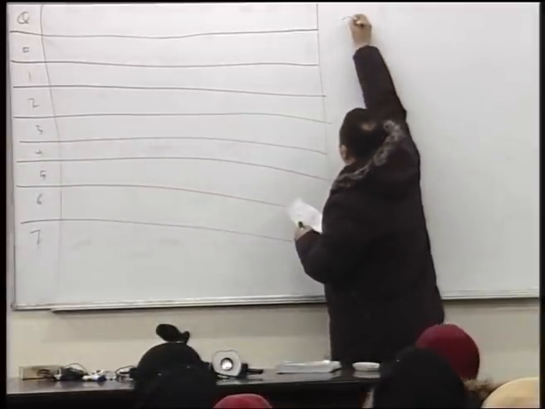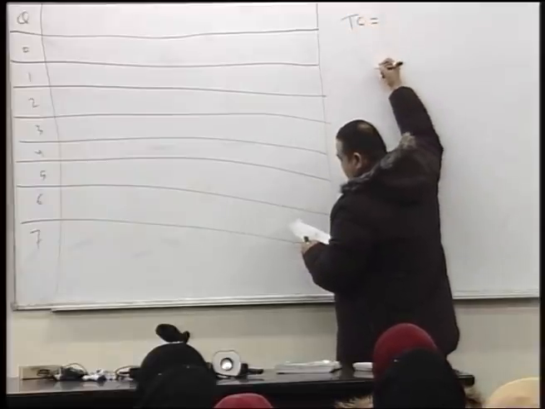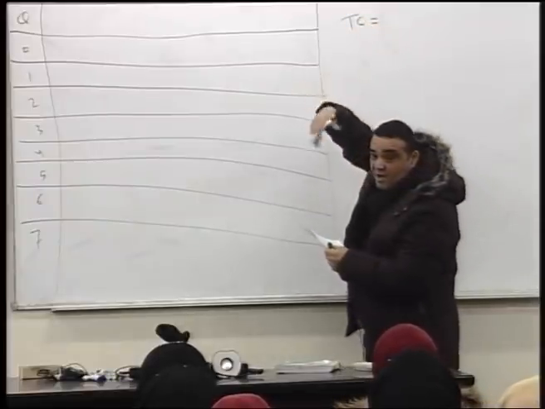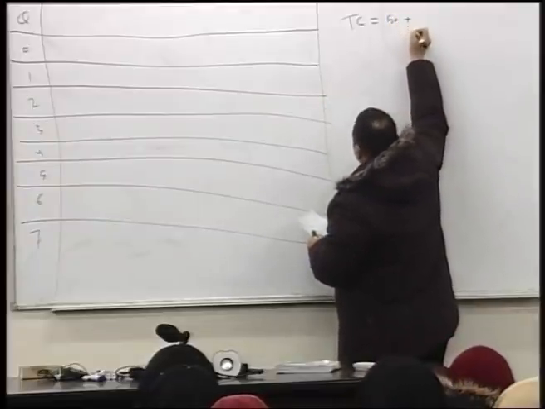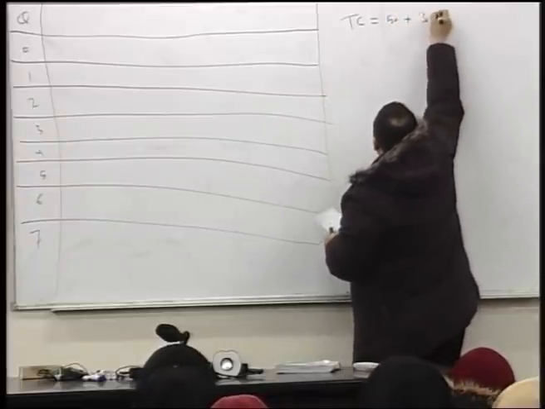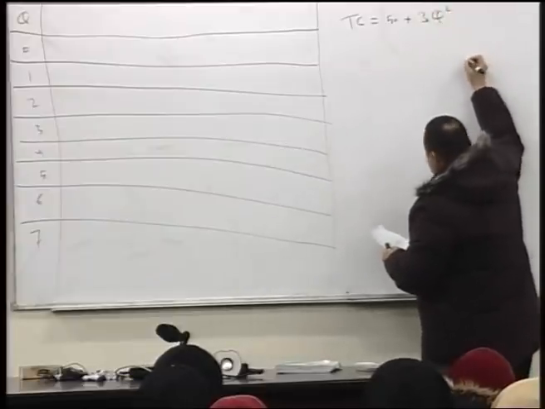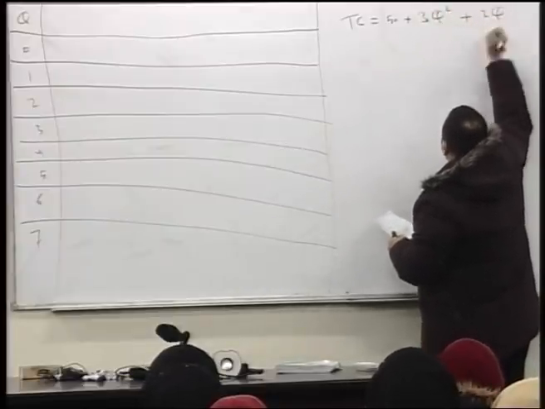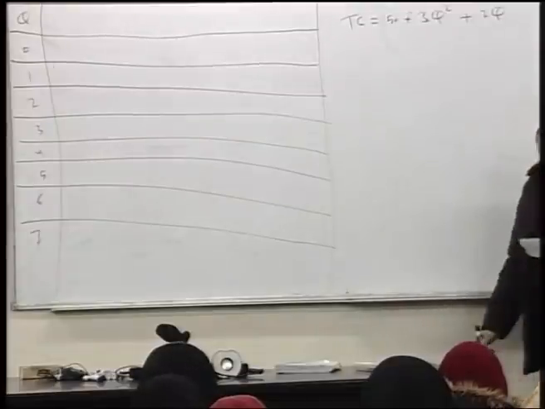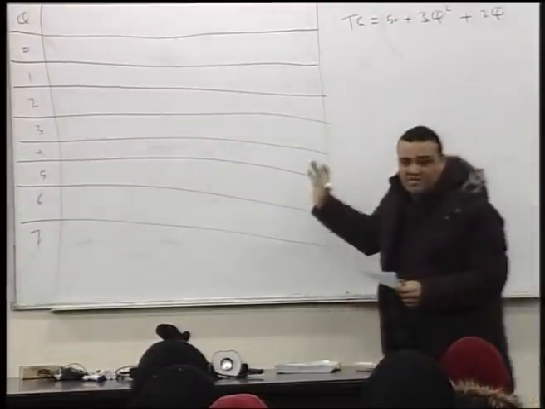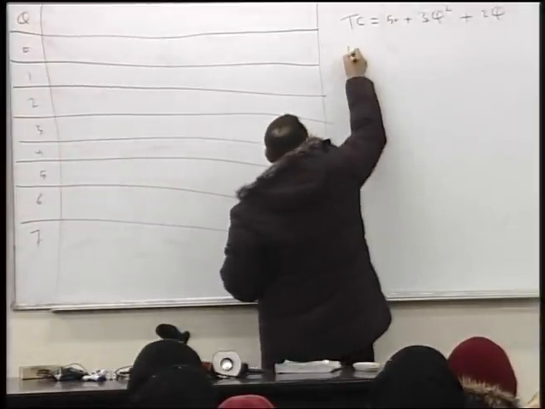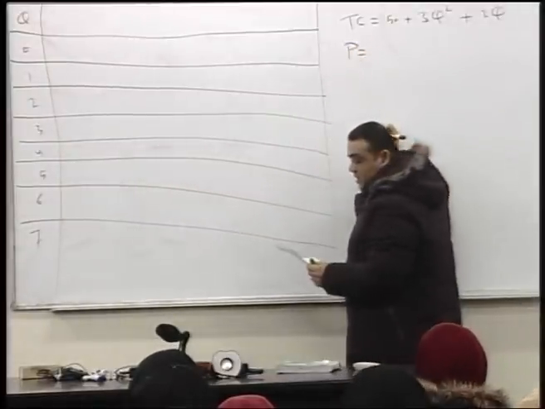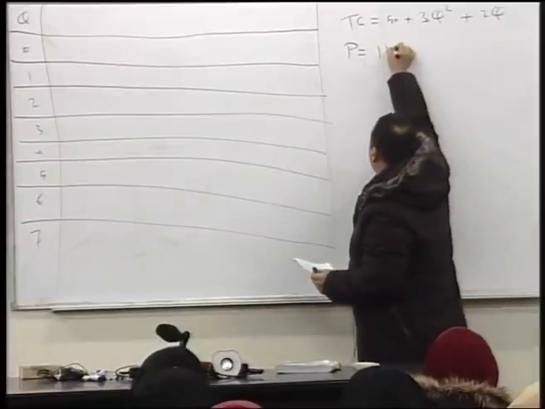The total cost for the whole production equals 50 plus 3q squared plus 2q. This is the given total cost function. And the price, the selling price equals 14 shekels.